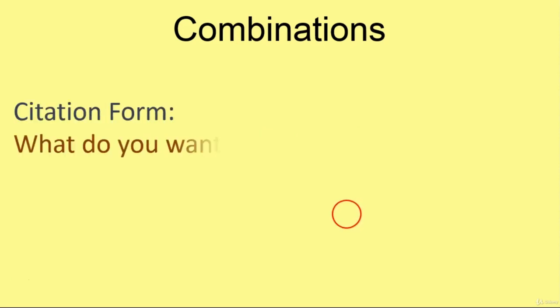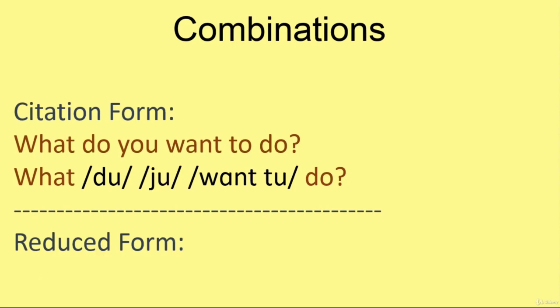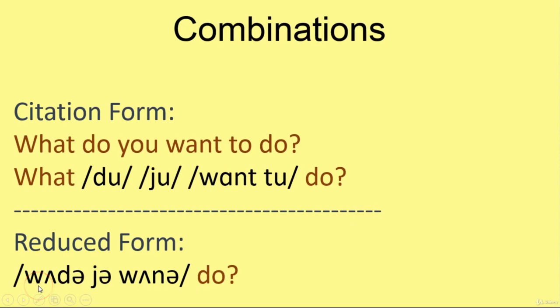Okay, in our next sentence, what do you want to do? In this sentence, we can reduce the words "do," "you," and "want to." All 3 of these can be reduced. And so when we reduce what do you want to do, we can say, whatcha wanna do?